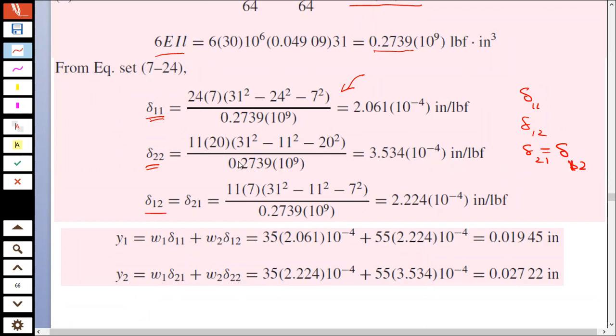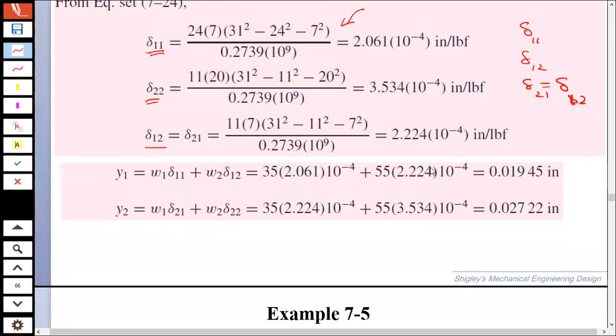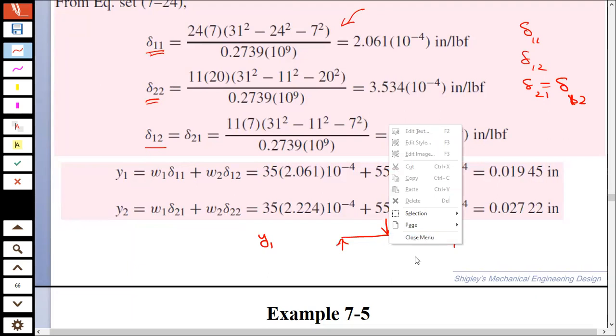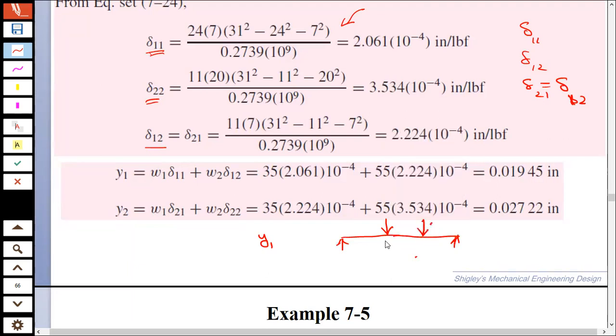So you will have four influence coefficients, because we know that your y1, which is the deflection due to load 1 and load 2 at this location, this is your y1. So we know that y1 is equal to w1 delta 1 1 plus w2 delta 1 2.